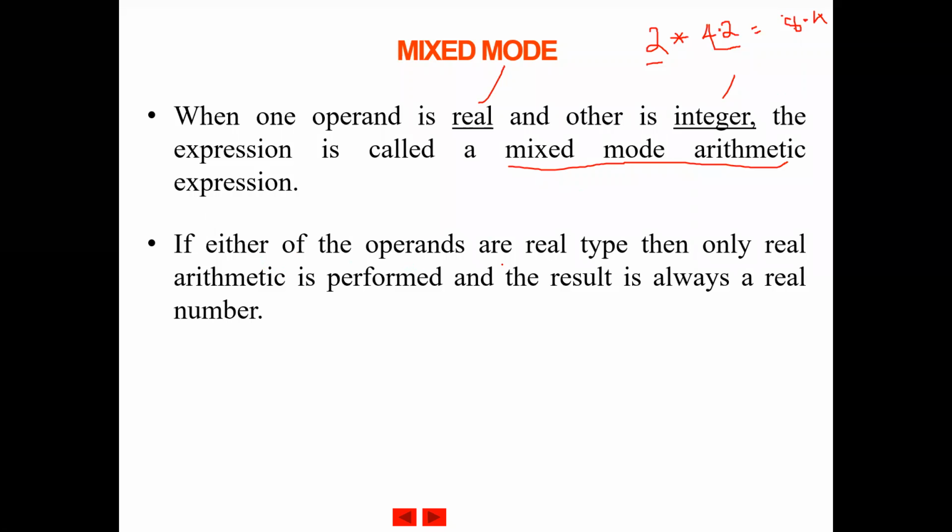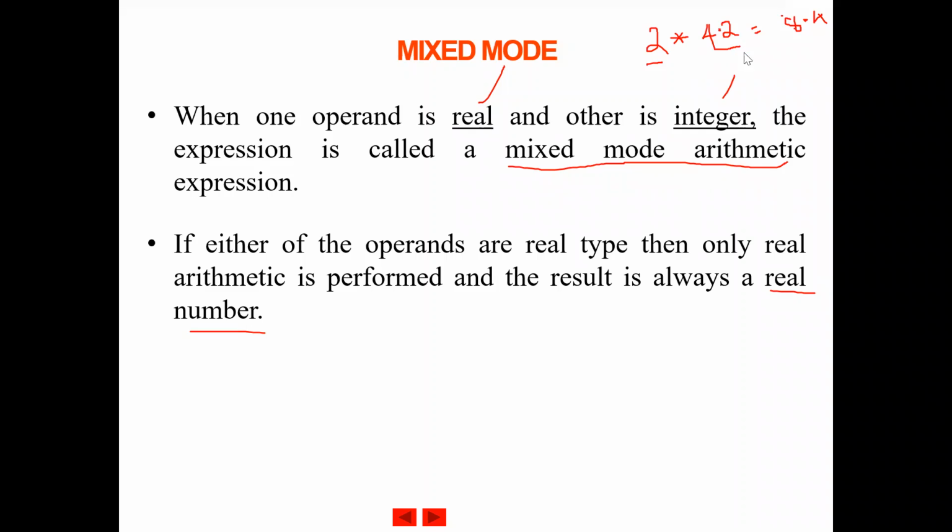If either of the operands is real type, only real arithmetic is performed and the result will always be a real number, right? So if one of the operands has a decimal part, the result also will be a real number.